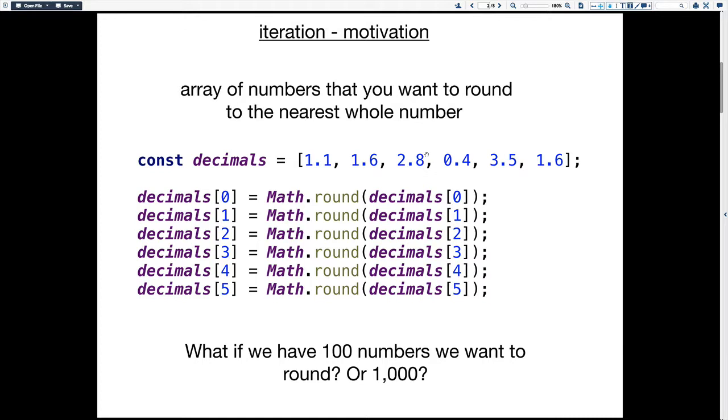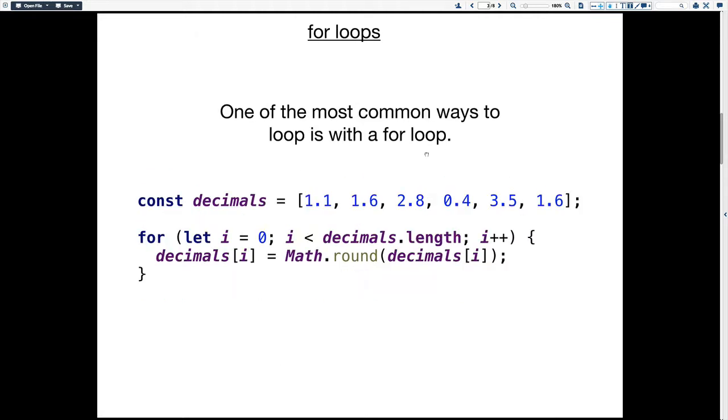If we've got an array here of 6 decimal numbers, and we want to apply rounding to each number, then we could invoke rounding on each element in turn. But of course, as you know from your programming experience, this is best handled by a loop. And a simple for loop would proceed to carry out the rounding for us.